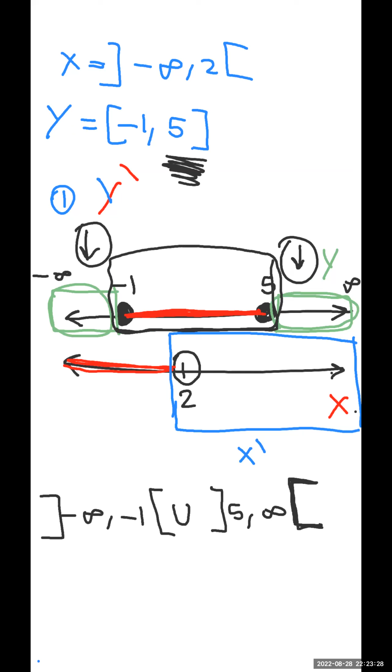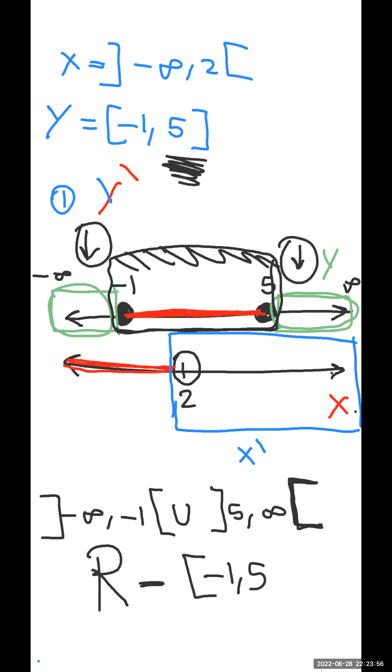Of course. It's the whole real numbers difference -1 and 5. So this means all real numbers except this part from -1 to 5. So -1, we don't need it, close it. 5, also the same, close it. That's it. So this answer is correct.